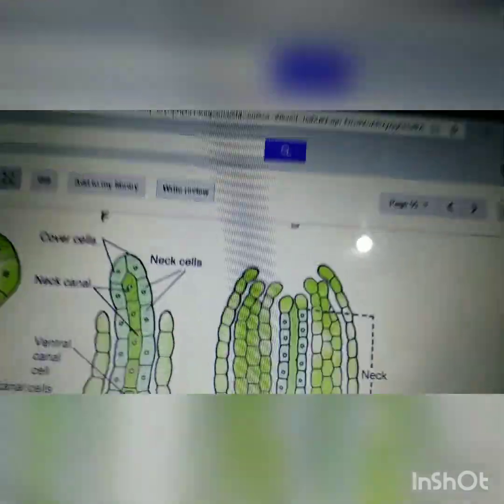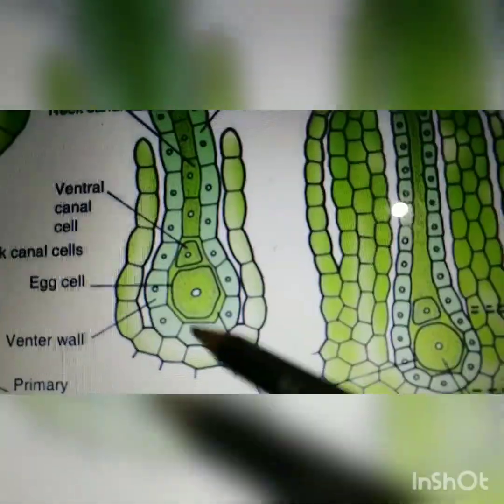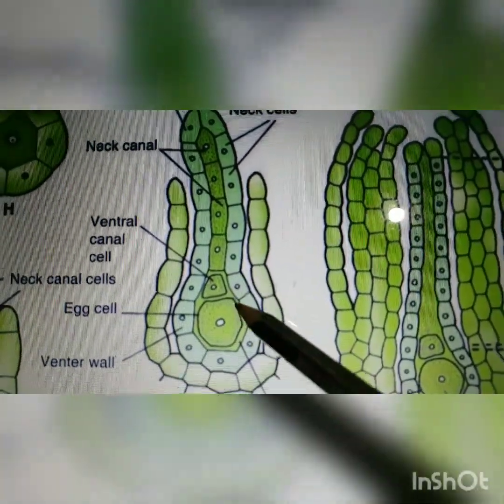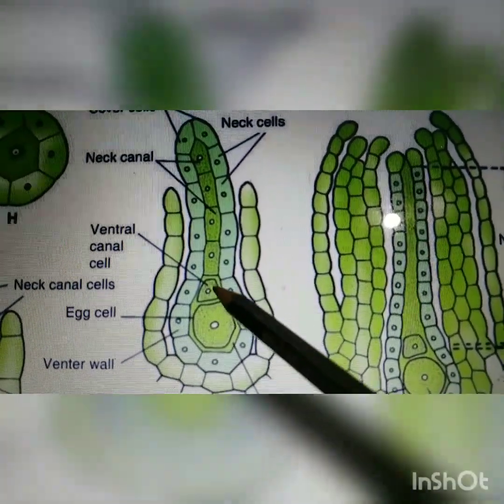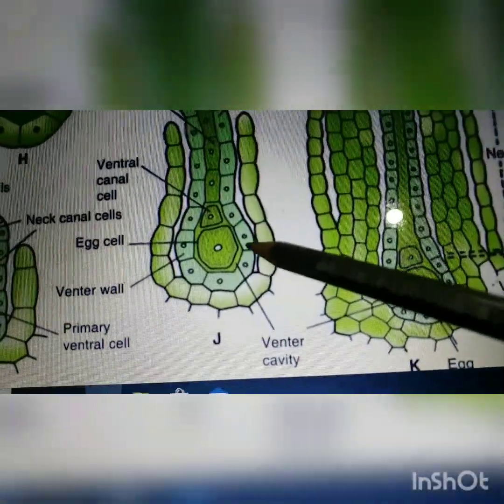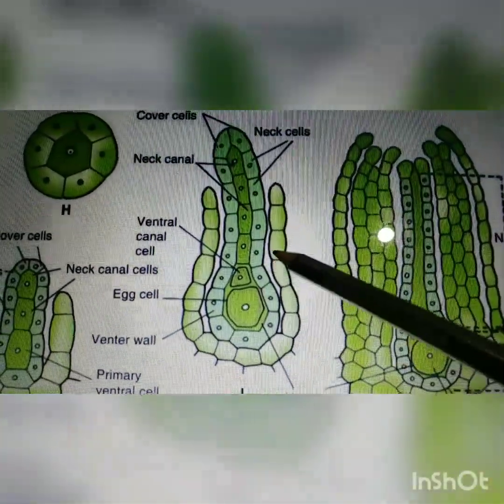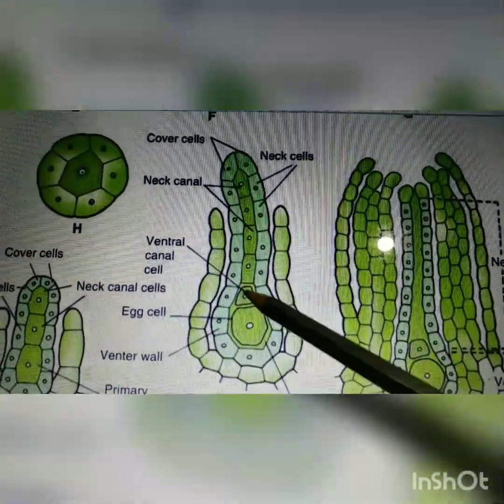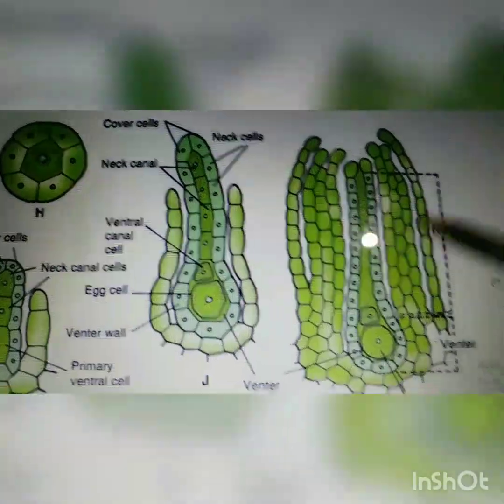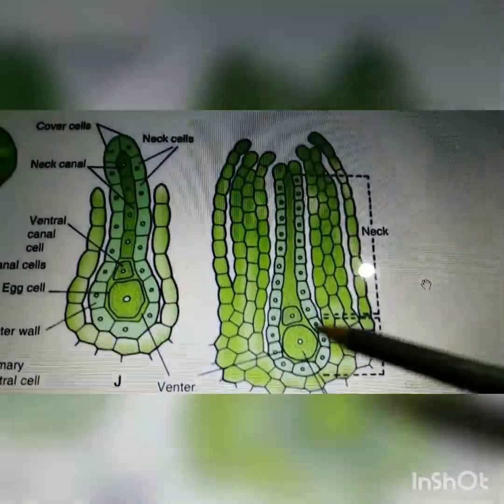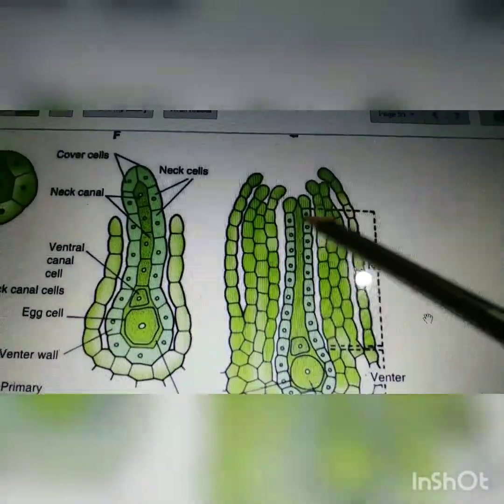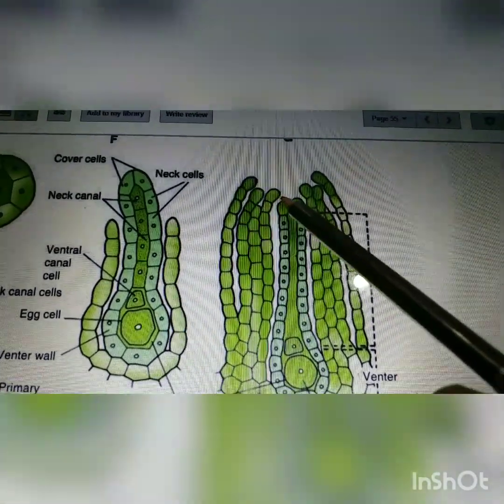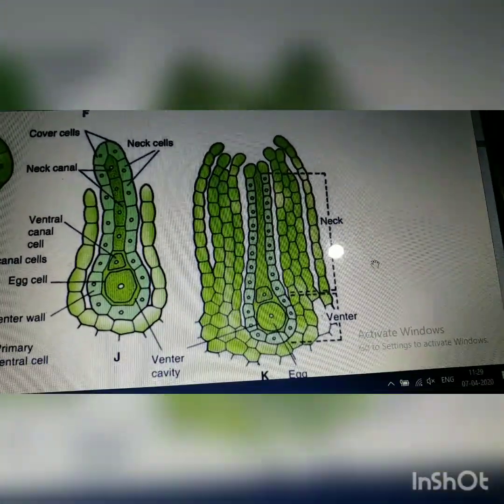So when we see the structure here, this is the swollen venter, which has the ventral canal cell, which acts as a plug for the egg, and this is the neck, single layered, and it has four NCCs, right? So this is the structure we will see, and here these are the pigments, and upper we have the colorless cells.